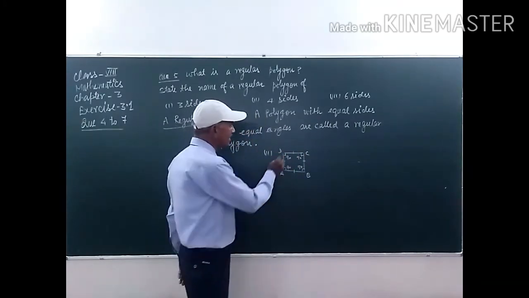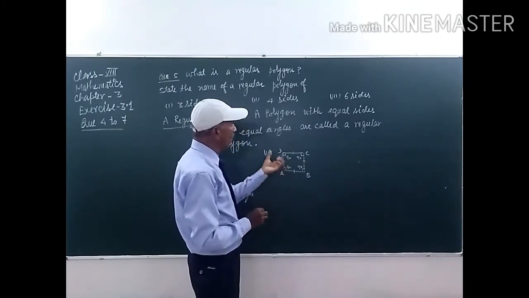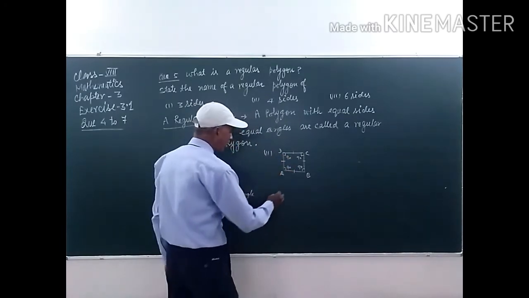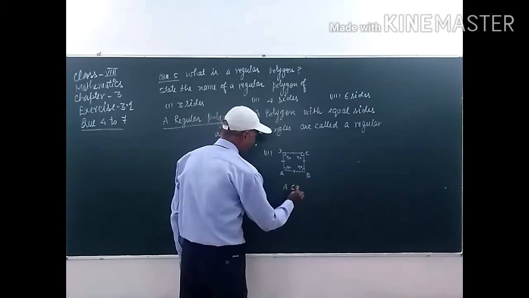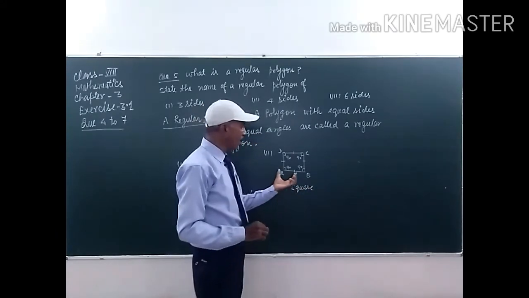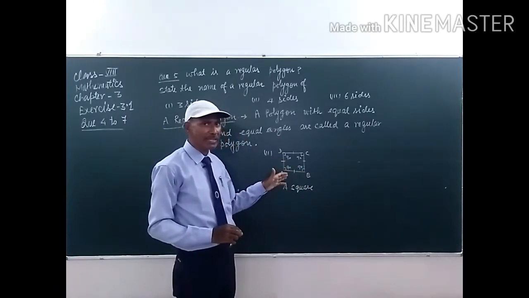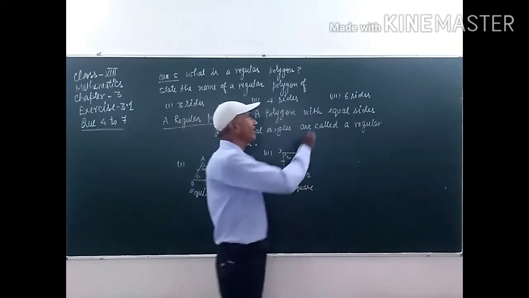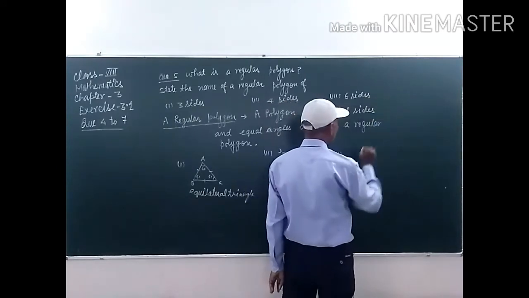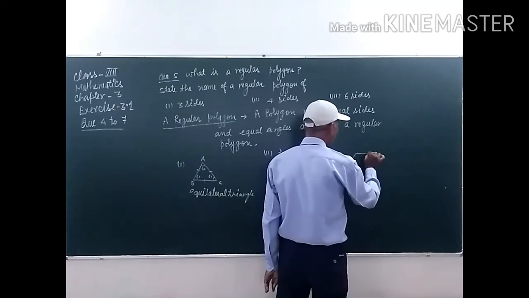So this figure is a four-sided figure, and the special name of this figure is square. Clear, student? A square is a figure in which all the sides are of equal length and all the angles will be 90 degree. And third one, this one is a six-sided figure whose all sides are of equal length.